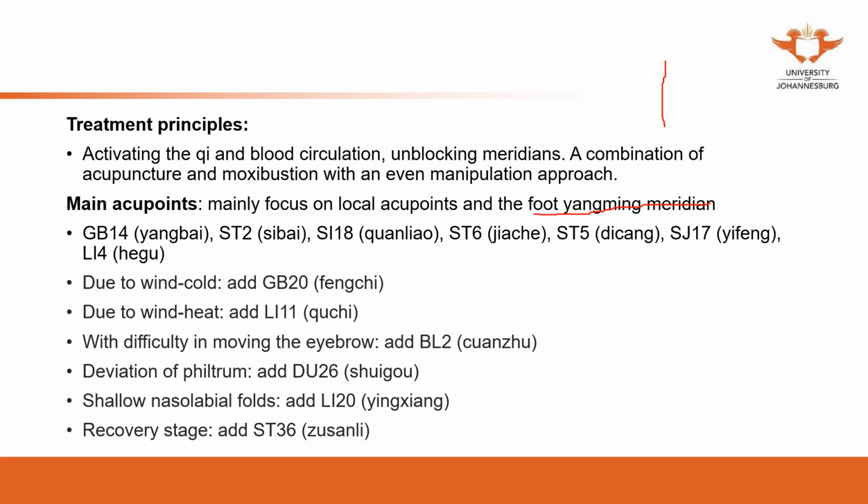Large intestine 4, we will use on the opposite side. So if the patient presents with left facial paralysis, we will use the large intestine 4 on the right side, so opposite sides. That's because of the distribution of the large intestine meridian. From the index finger, it goes all the way to the mouth and ends on the other side of the nose.